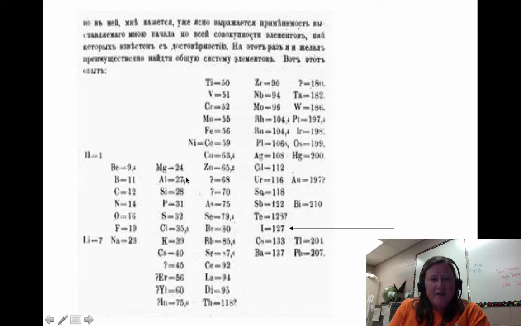Aluminum is here, and the eka aluminum would be right here. So it looks like aluminum is on top of the aluminum. I know in this image it's side by side, but remember this is similar to a group on our periodic table going from the boron to the aluminum in group 13 or group 3A.